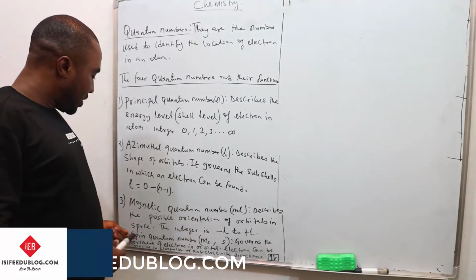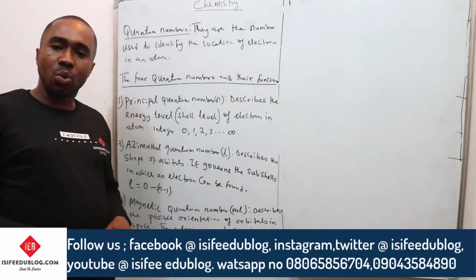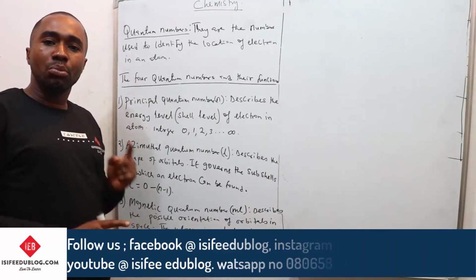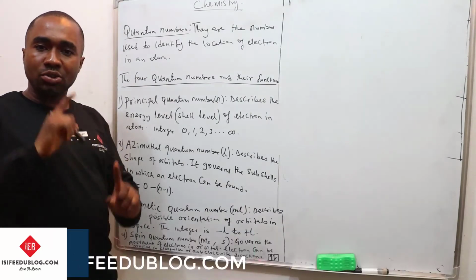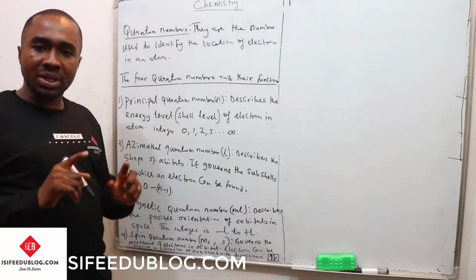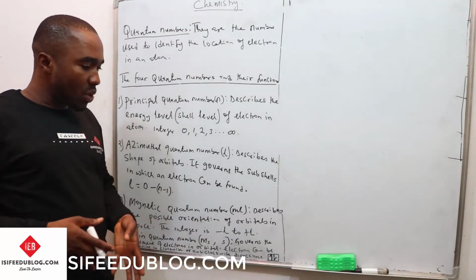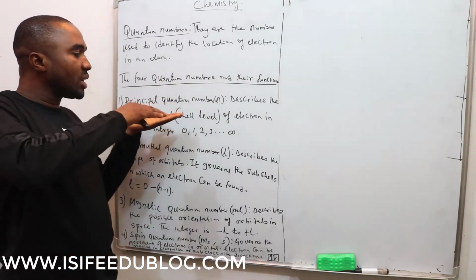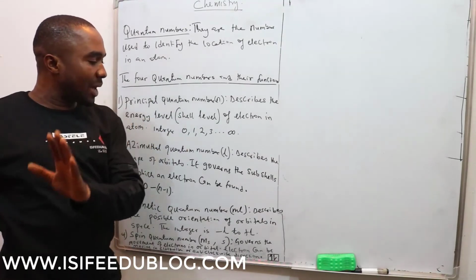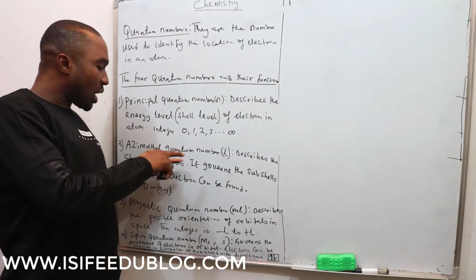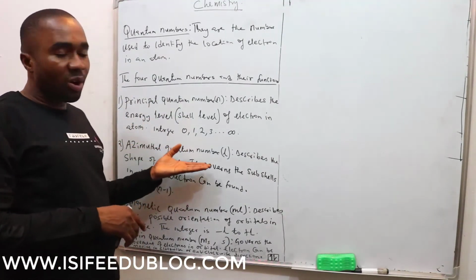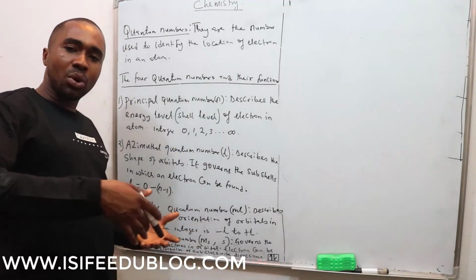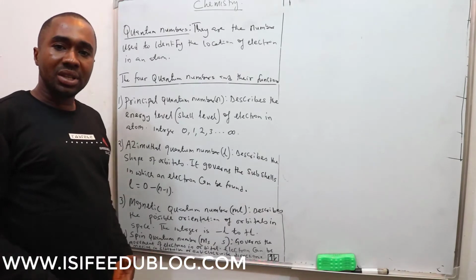Now the next quantum number is the spin quantum number. Its work is to tell you the movement of the electron in that particular orbital. Lagos State tells us where to look in the country. The azimuthal quantum number is like the local government in Lagos State. The magnetic quantum number is like the various wards where the person can be found.